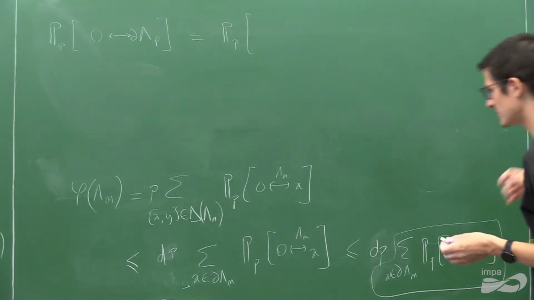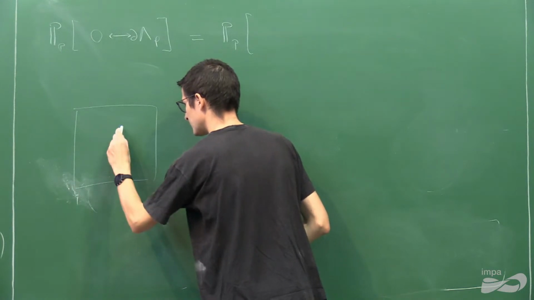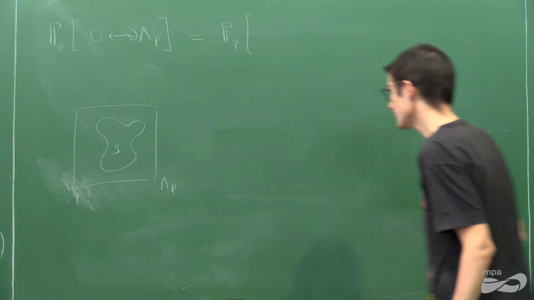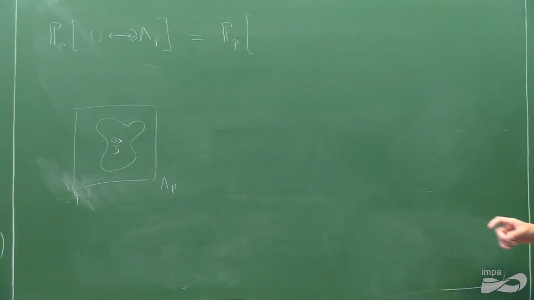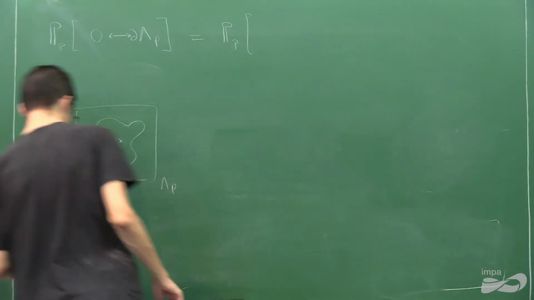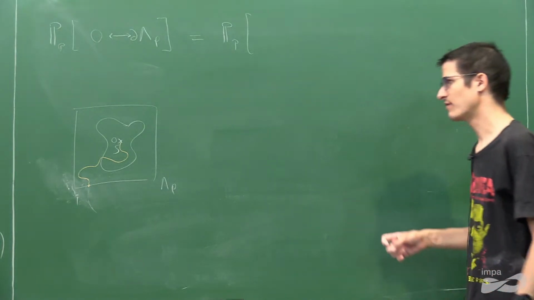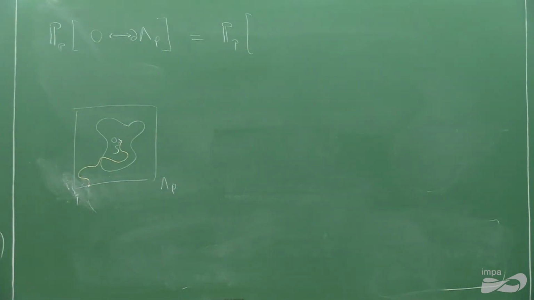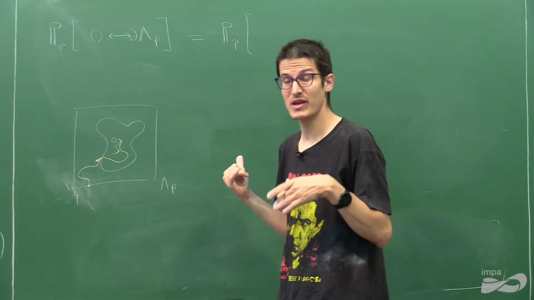Okay, so the idea is that if 0 is connected to the boundary of the box, what happens is that if I follow an open path from 0 to the boundary of the box, there will be a first time at which it exits the set S. When it exits the set S, it will use an edge in delta S, which will be open.